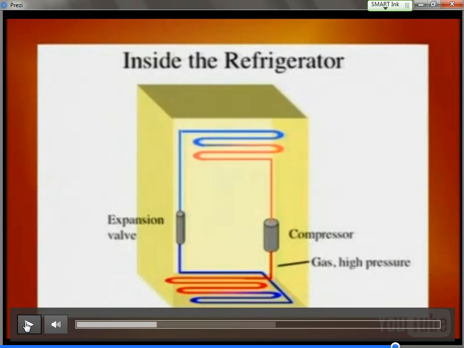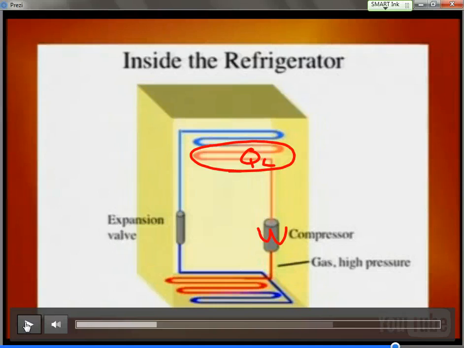Now, to just take this quickly, so we end up with QL over here. Okay. This is the inside of the refrigerator, and it literally takes the energy out, absorbs it in.